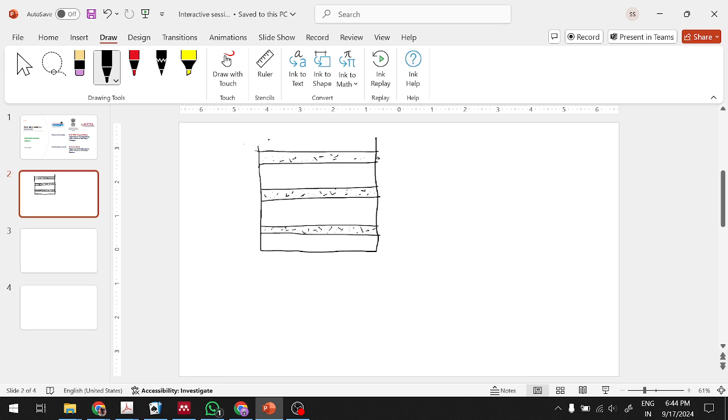So we have a structure like this, and let us assume that this is connected to the next layer through springs.